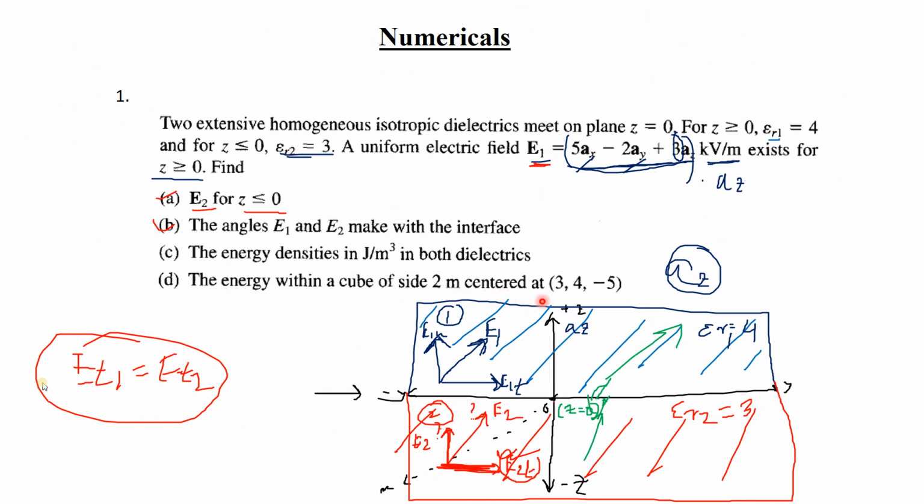And the last part was the energy within a cube of 2 meter side centered at the point 3, 4, -5. That means there is a cube in three dimensions, placed inside this particular medium, and the center point of the cube is this.